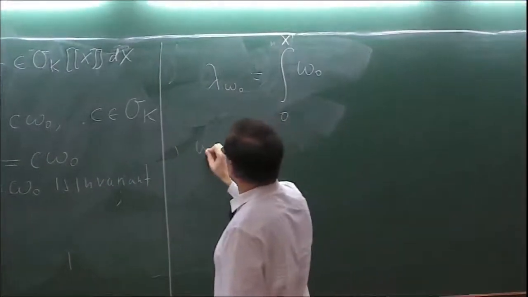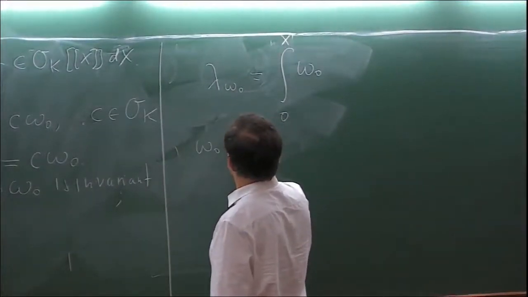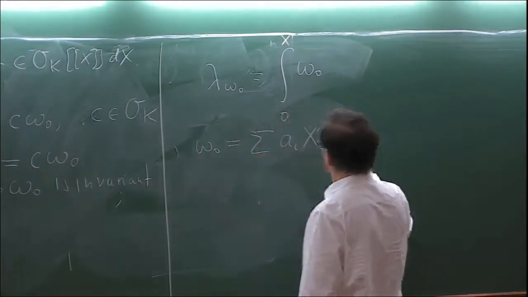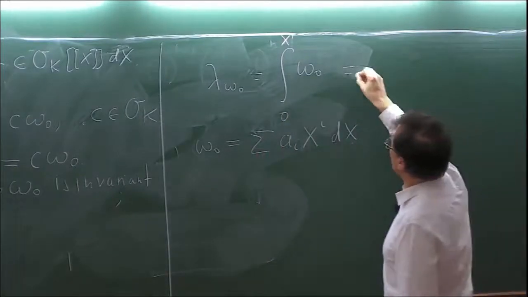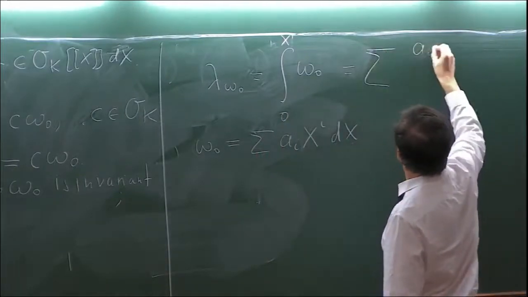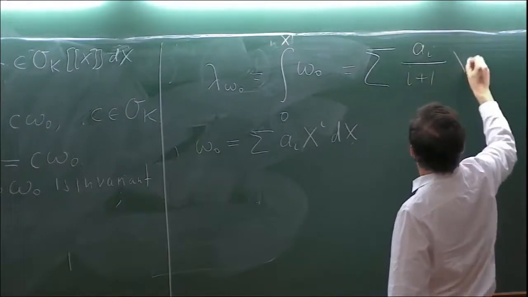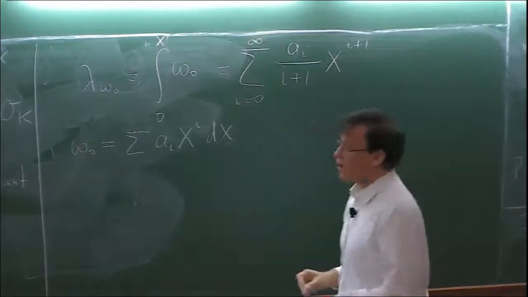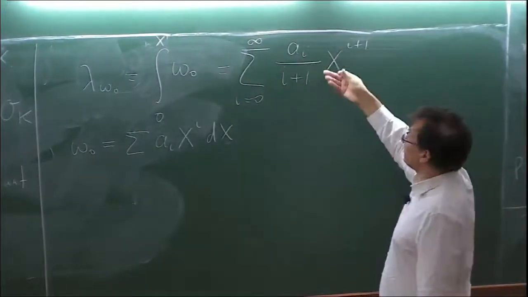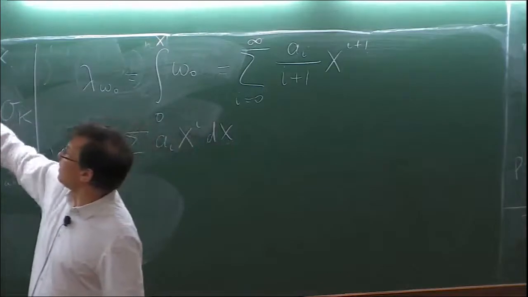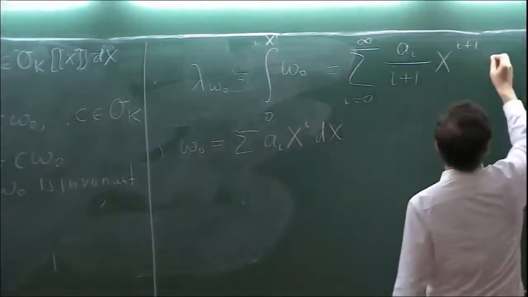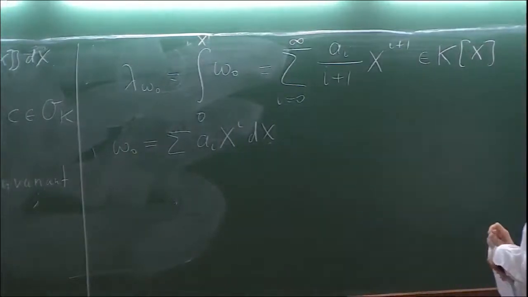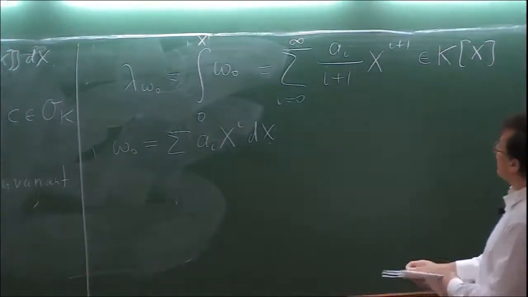So if omega 0 is of this form, the formal primitive is this power series, which doesn't lie in OK[[X]], but it has coefficients in K, the field of fractions of OK.